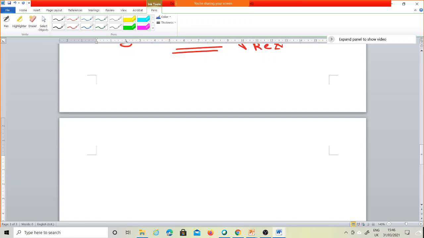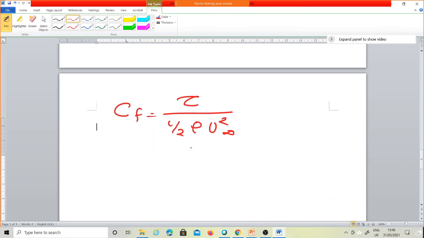According to the definition, you know that the friction occurs due to the shear stress. So the local frictional coefficient is actually nothing but a non-dimensional value of stress: tau divided by half rho u square, that is u infinity square. This is the definition of local skin friction coefficient. So it is actually the stress, but we make it non-dimensional.